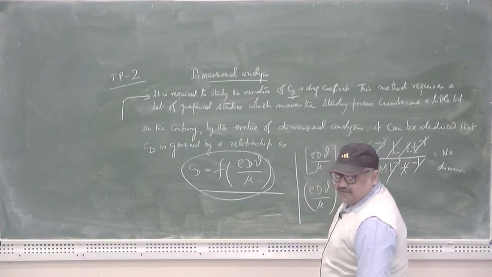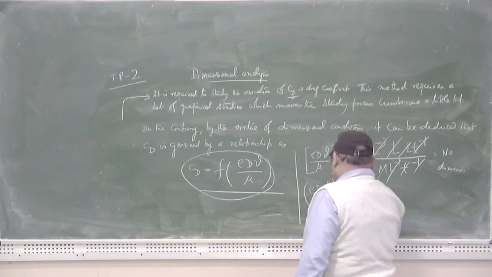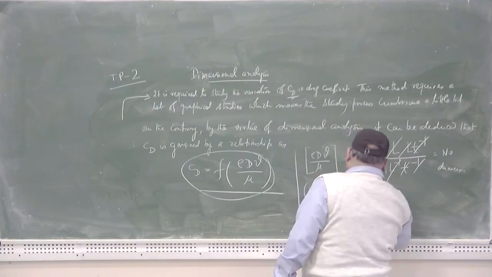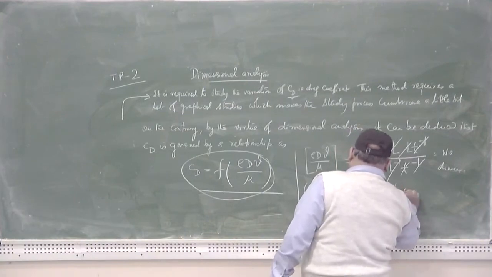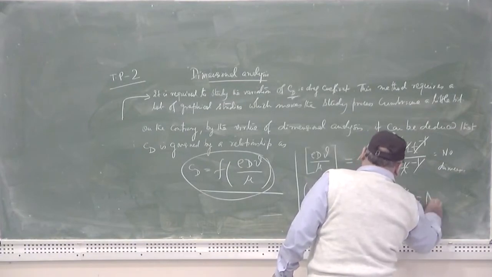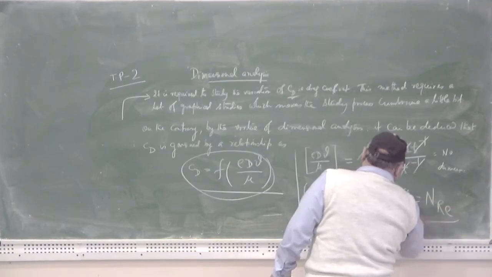It is defined as ratio of inertial force divided by viscous force, and this quantity is called Reynolds number.